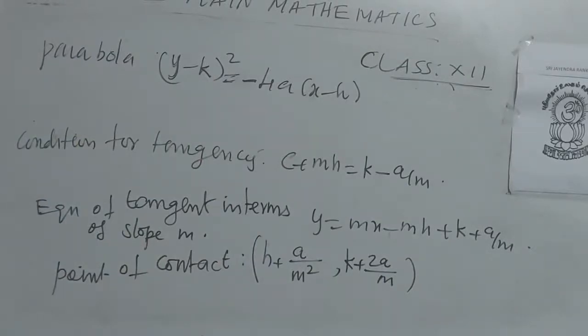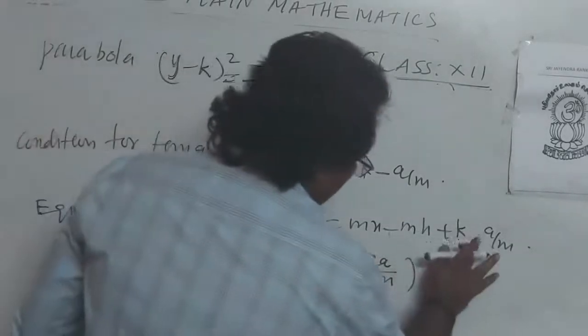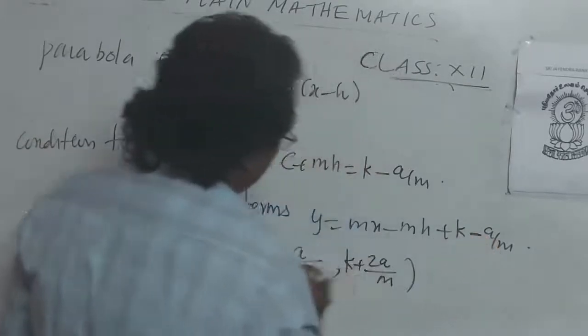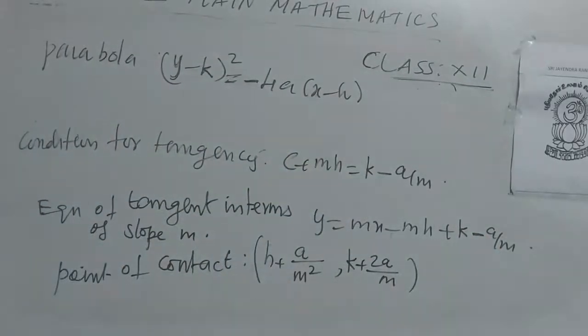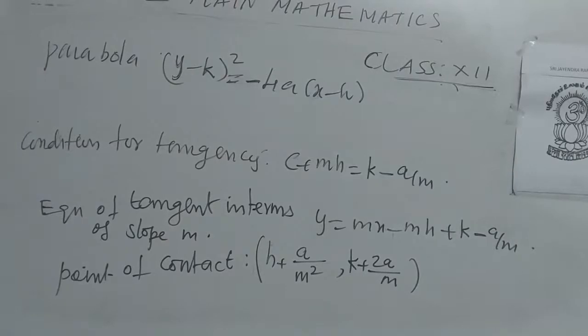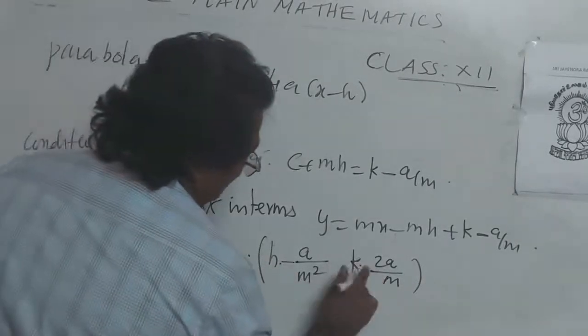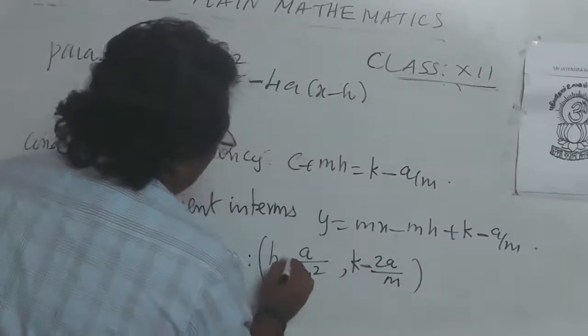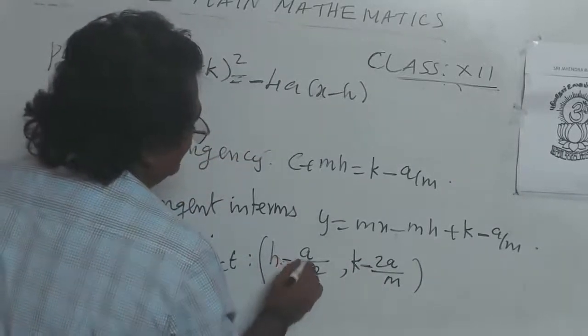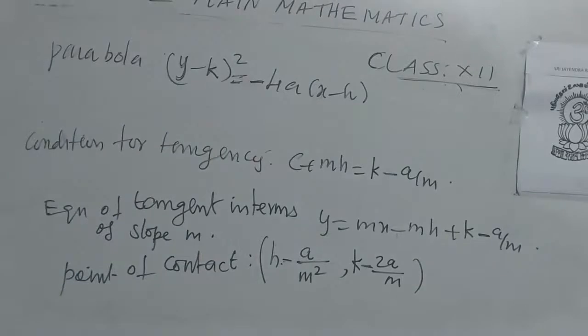So the tangent is y equal to mx minus mh plus k minus a by m. Here the point of contact is h minus a by m squared comma k minus 2a by m.